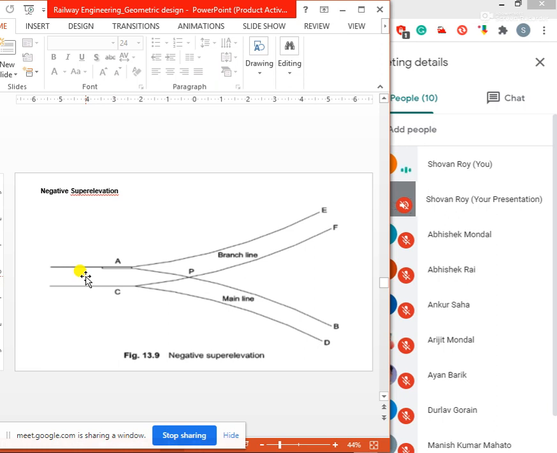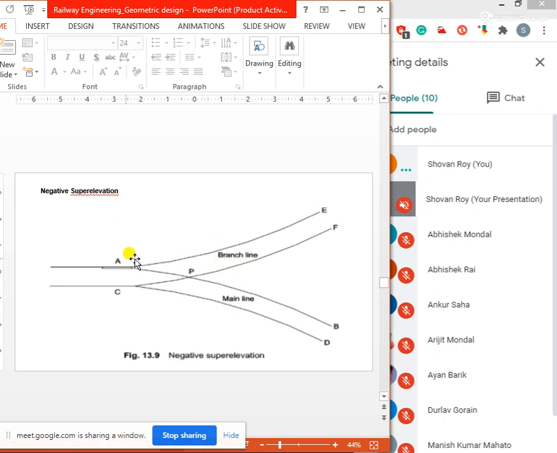What is this negative super elevation? In layman's terms, normally the super elevation is always provided on the outer track.